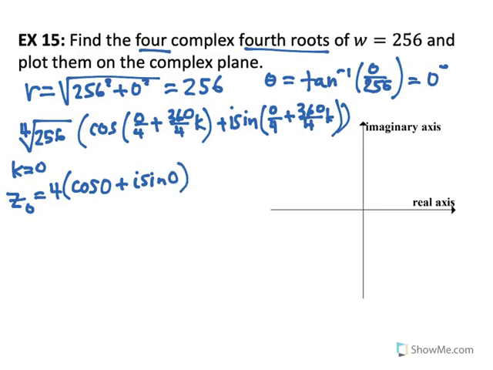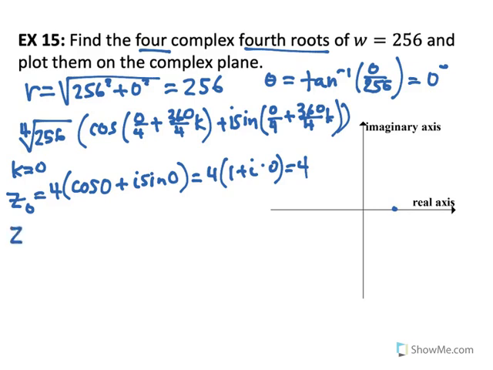When you simplify this, cosine of 0 is 1 and sine of 0 is 0, which then just gives you a 4. So on my real axis, I would be out 4, and I wouldn't go anywhere on my imaginary axis.